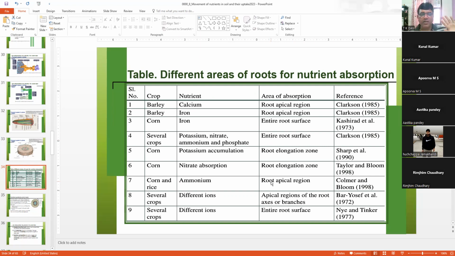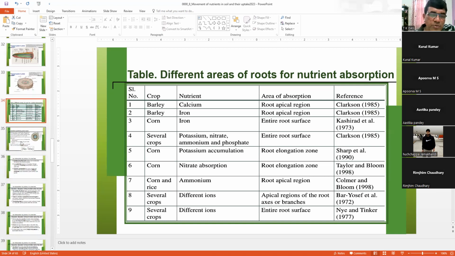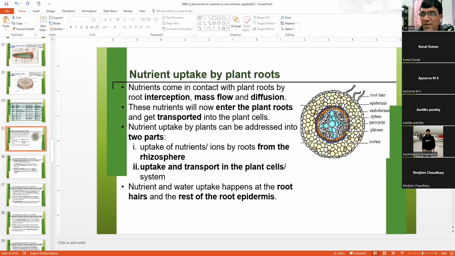So overall, the purpose of this slide is that nutrients are absorbed by all parts of the root, depending upon the crop or kind of plant and the kind of nutrient. So they are absorbed by the whole root. Of course, the uptake is more effective and faster through the root hair zone, but that does not mean that it is the only way to absorb the nutrients.